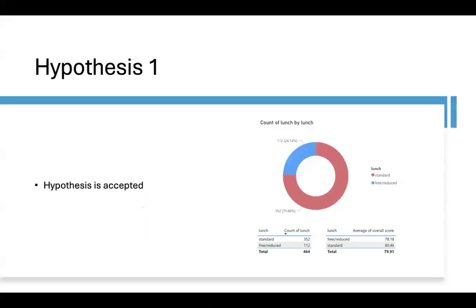So for hypothesis 1, we decided to make a donut chart, and we can see that the hypothesis is true. Now, something I wish I looked back on and really thought about when doing this hypothesis was that there was an overwhelming amount of students that got a standard lunch.